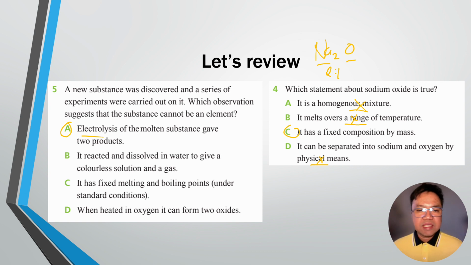Electrolysis is a process that involves passing an electric current through a substance to cause a chemical change. This chemical change usually results in the decomposition of a substance into different substances, elements, or compounds. If electrolysis of a substance produces two different products, this indicates that the original substance was composed of more than one type of atom. Hence, it is not an element but a compound.